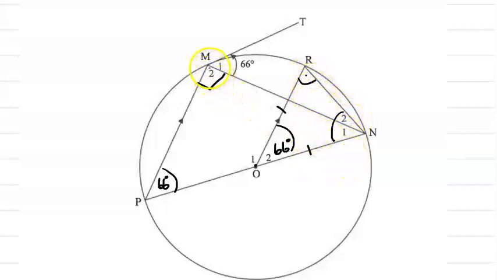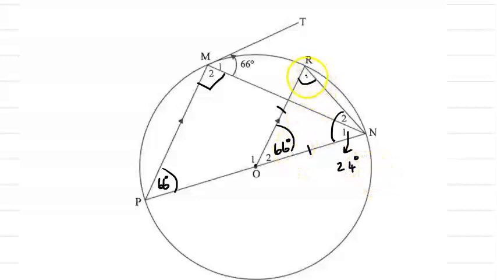You got a triangle MPN, which means that we got sum of angles of triangle. So therefore, this will be 180 minus 90 plus 66, which is going to give us the following. So N1 and 66 are basically complementary angles. So that's going to be 24 degrees, sum of angles of triangle.